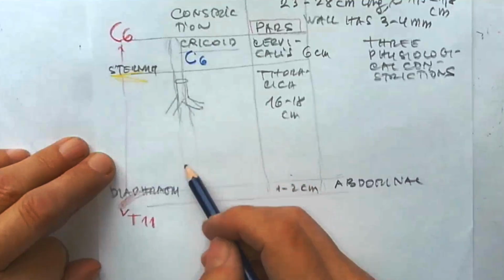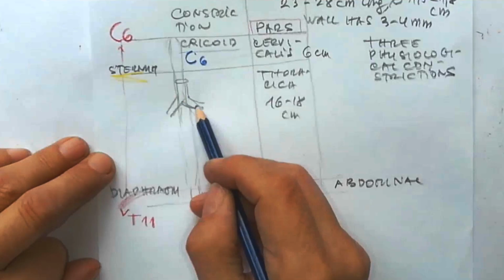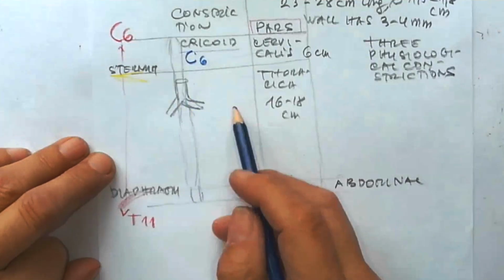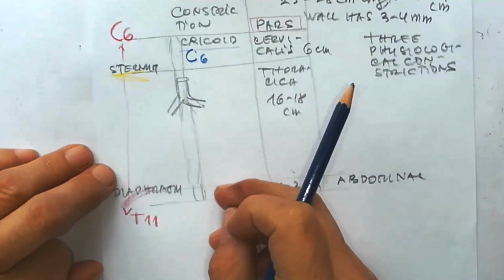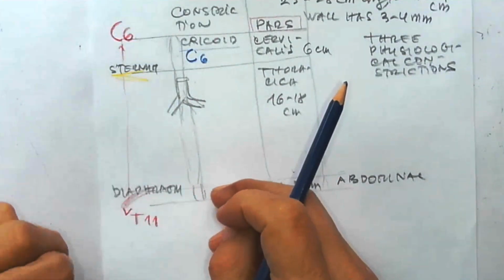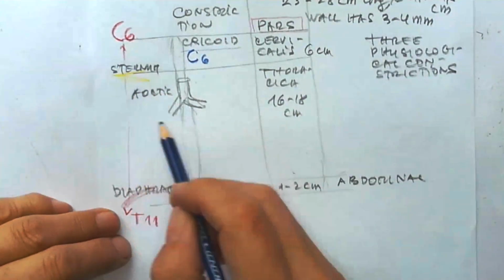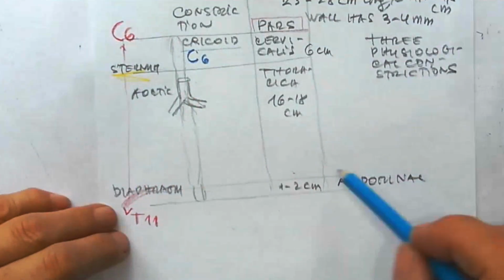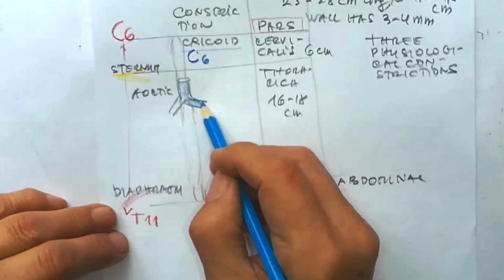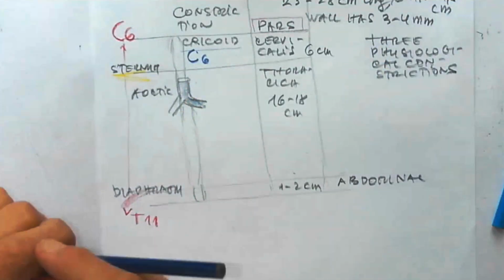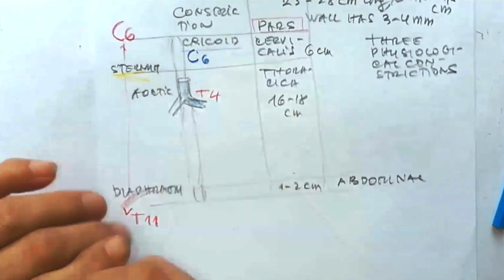So at the level of the bifurcation, it is sometimes called aortic, because this is at the same site where the aorta lies in front, and then the left bronchus crosses the esophagus, and it lies at the level of T4.